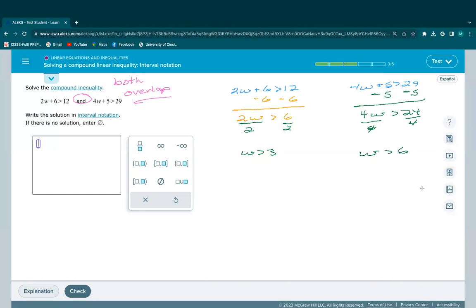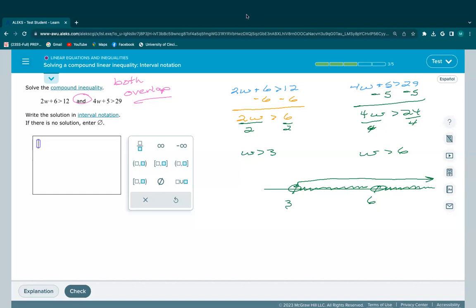All right, so we're going to make a number line. This is really the way that works for me the best. So I need to see what I have. So I have 3 and I have 6. I have an open circle and an open circle. So w is greater than 3 goes this way, and it keeps going forever. And w is greater than 6, so this one goes this way. Now, I'm looking for overlap. My overlap is going to be starting at that 6.